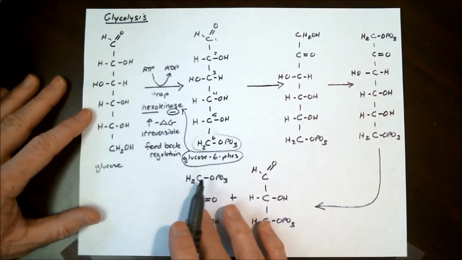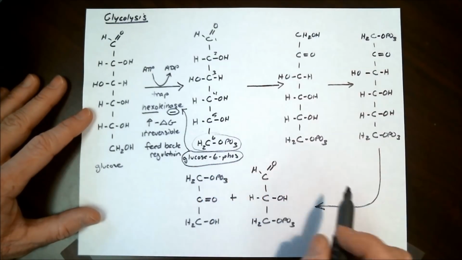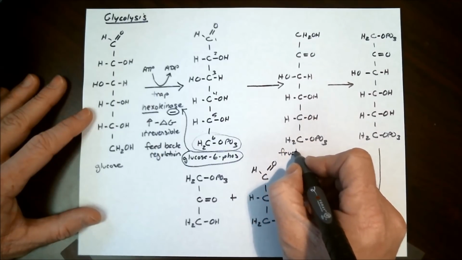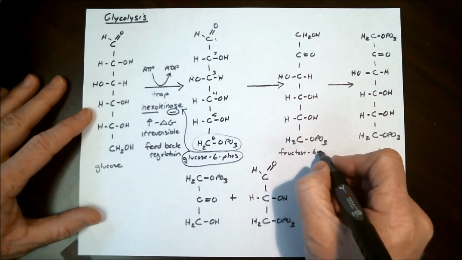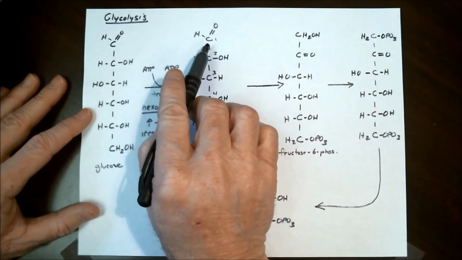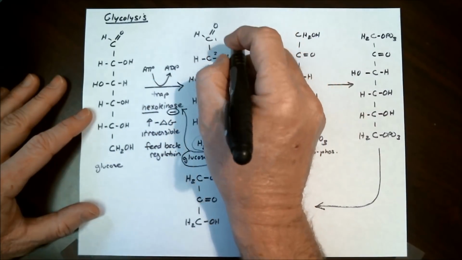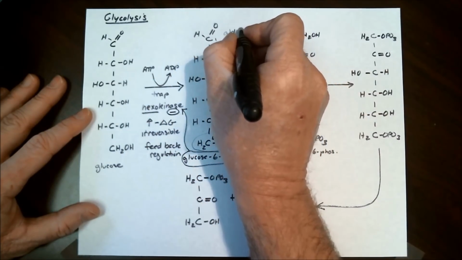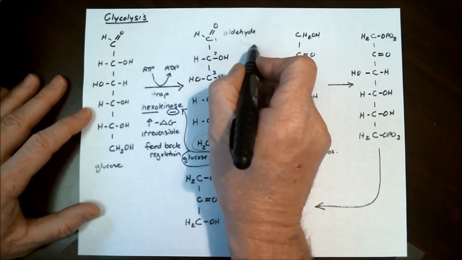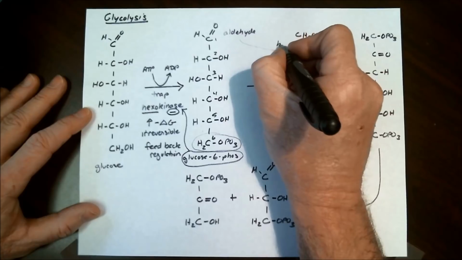So the next step in the reaction, glucose 6-phosphate, is going to be transformed into fructose 6-phosphate. Now this is simply an isomerization reaction, changing the aldehyde functional group into a ketone.